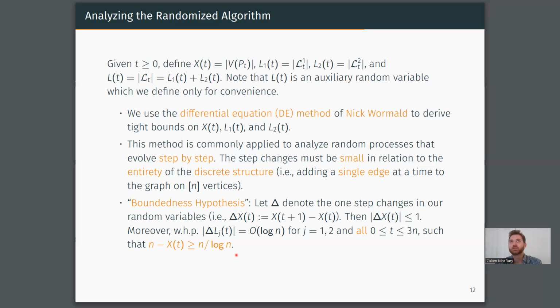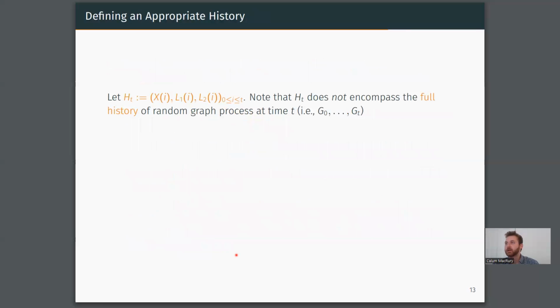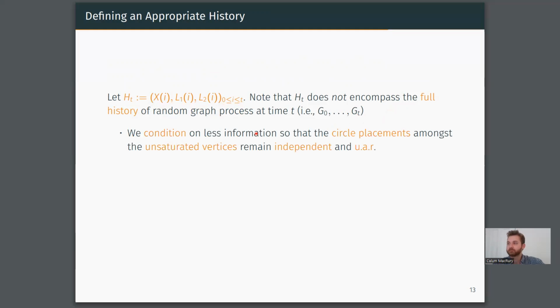We now need to describe the expected differences, which control the trajectories of our random variables. For this, we need to be a little bit careful about the history that we define. So for us, we're just going to condition on the random variables from time 0 to t, instead of the actual full history of the random graph process.